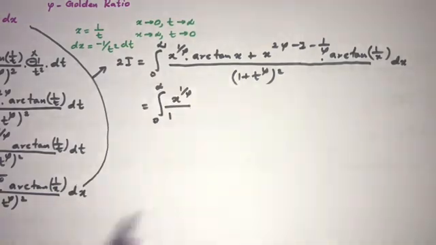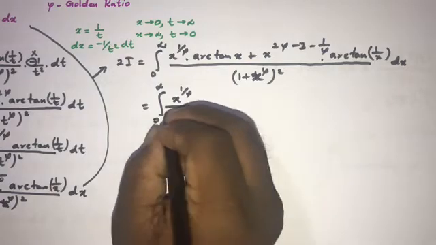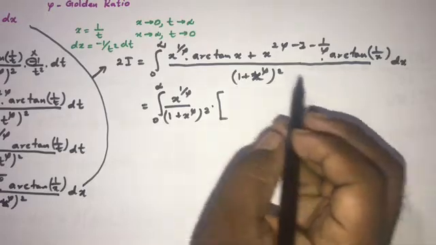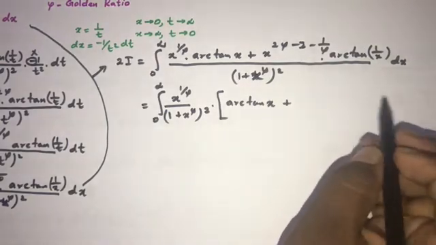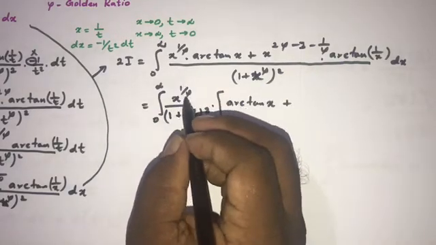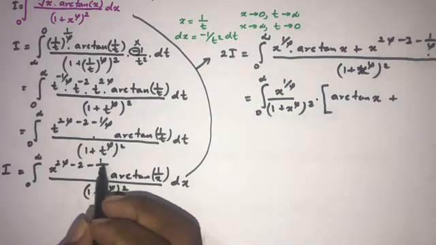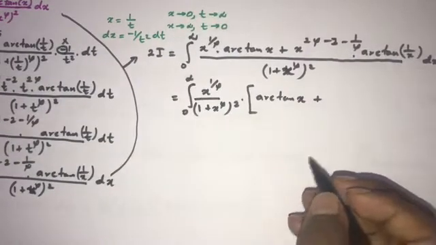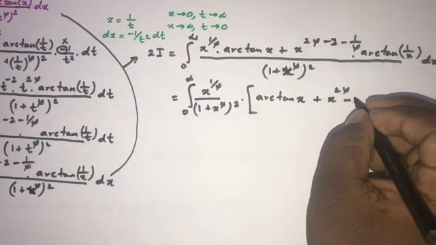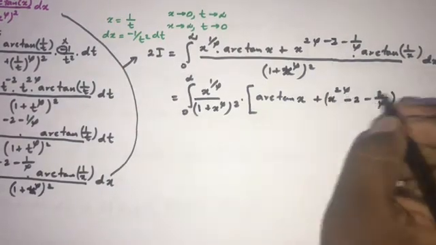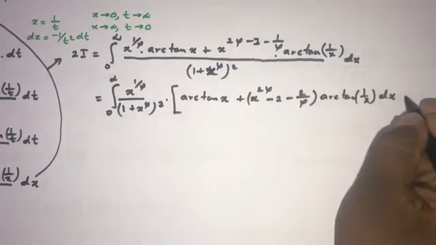So here we change the variable, x, and here also x. So here (1 plus x raised to the φ) squared, and here a bracket. Now arctan of x plus, now here we take x raised to the 1 over φ as a common factor. But here we have x raised to the minus 1 over φ, so we can write x raised to the 2φ minus 2 minus 2 over φ times arctan of 1 over x dx.